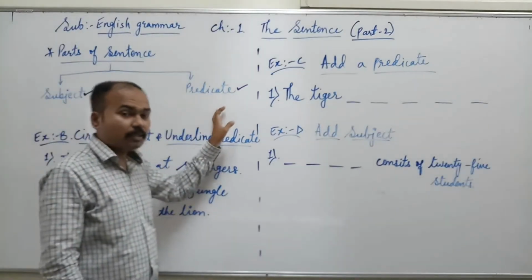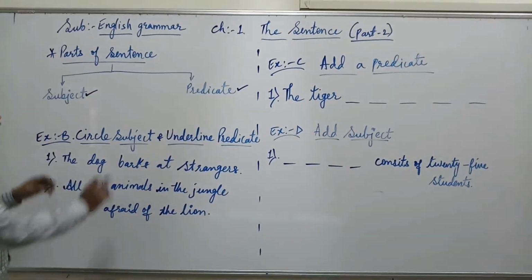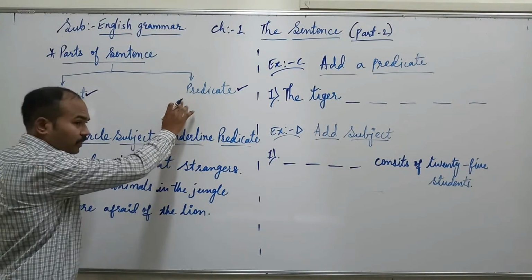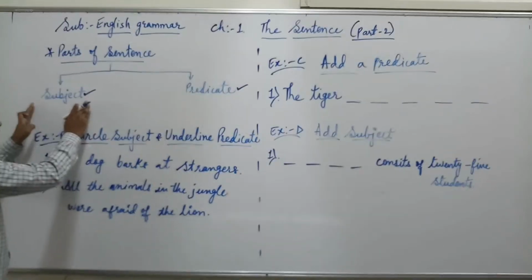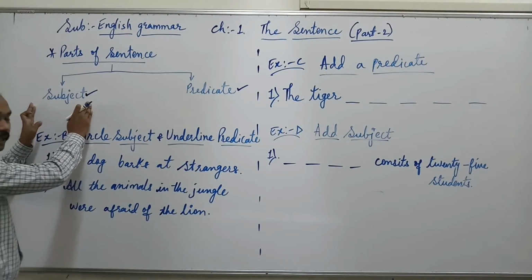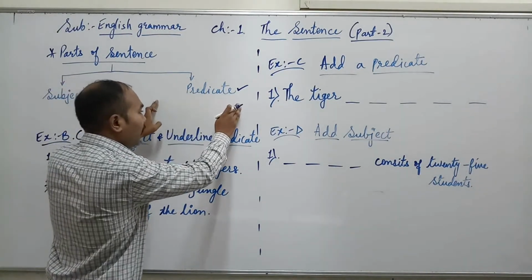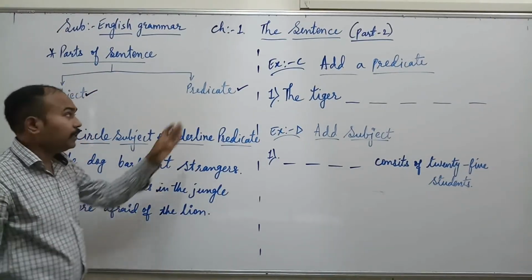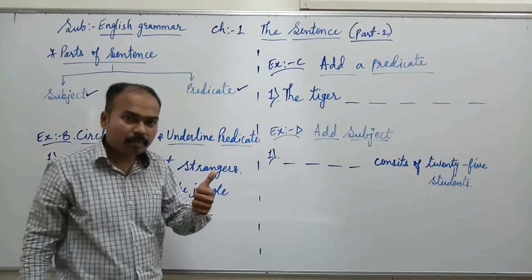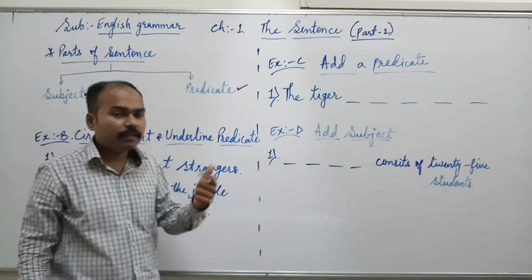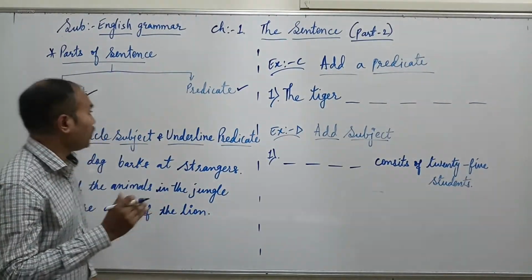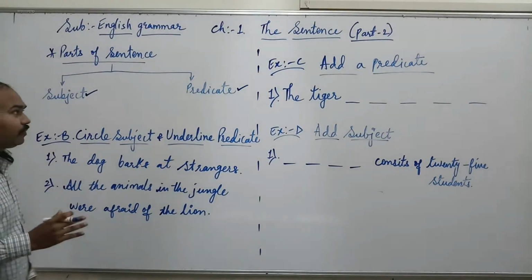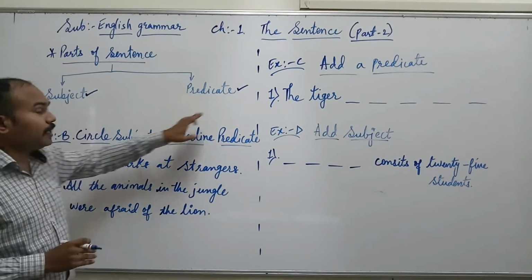In other words, predicate includes the remaining words. When we identify the subject, the remaining words are in the predicate. They include verb and object. Clear?